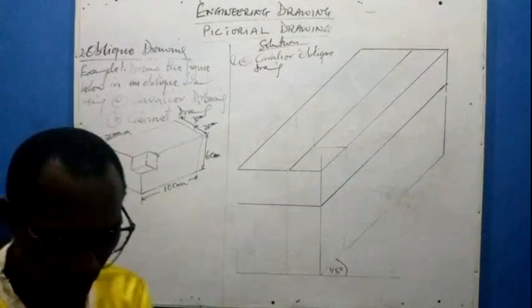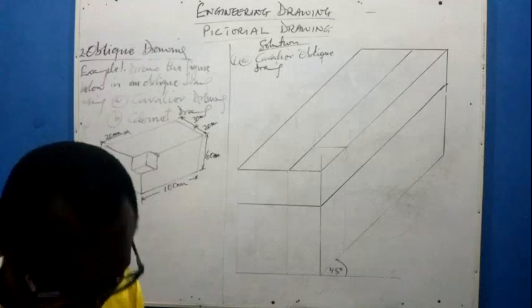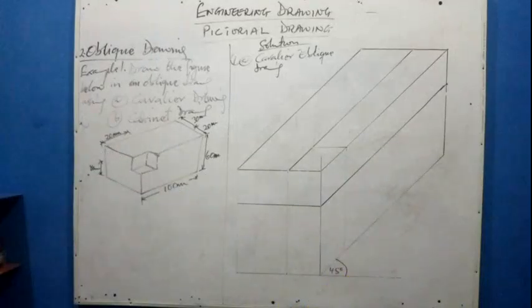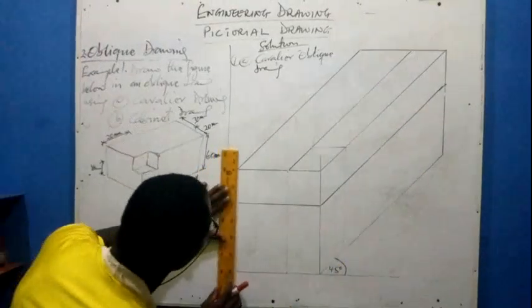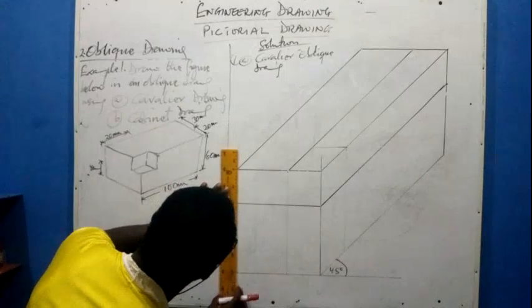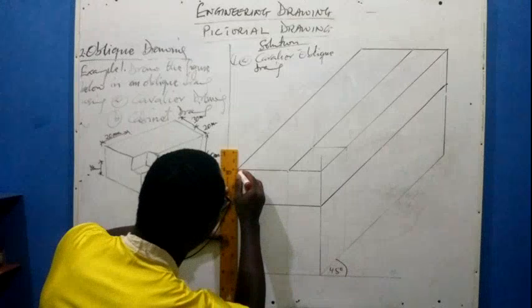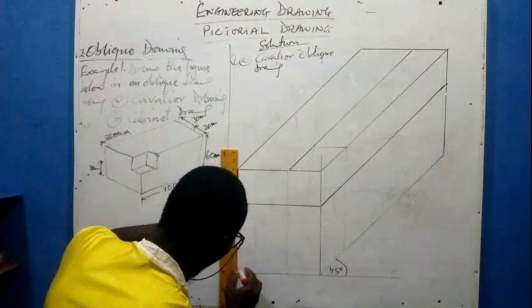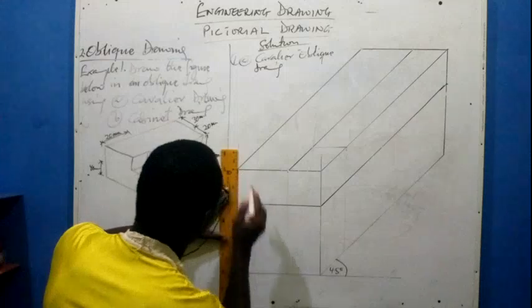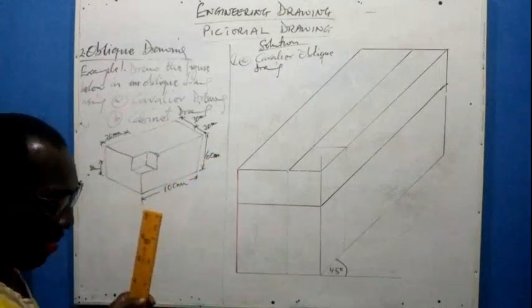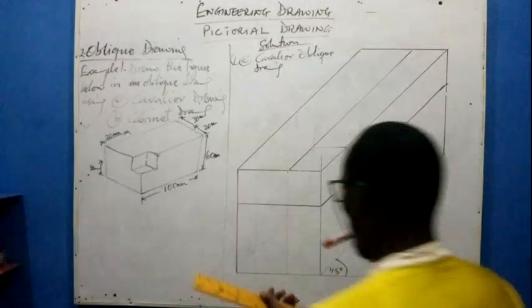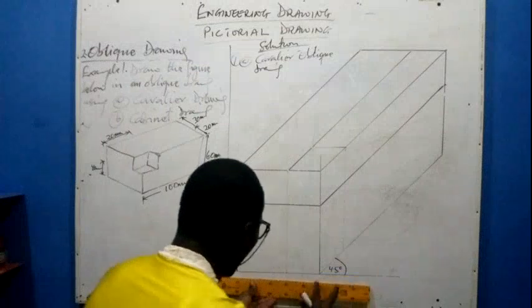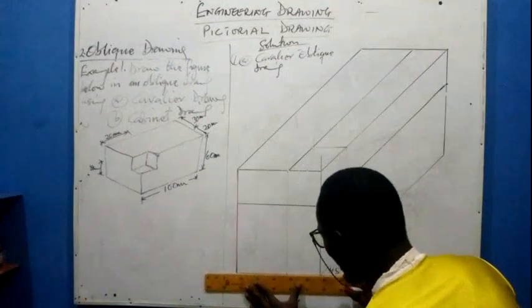Now I can dip out my figure. Let me use my H pencil and dip out my figure. The whole of here is deep. Dip this side, the whole of the base.